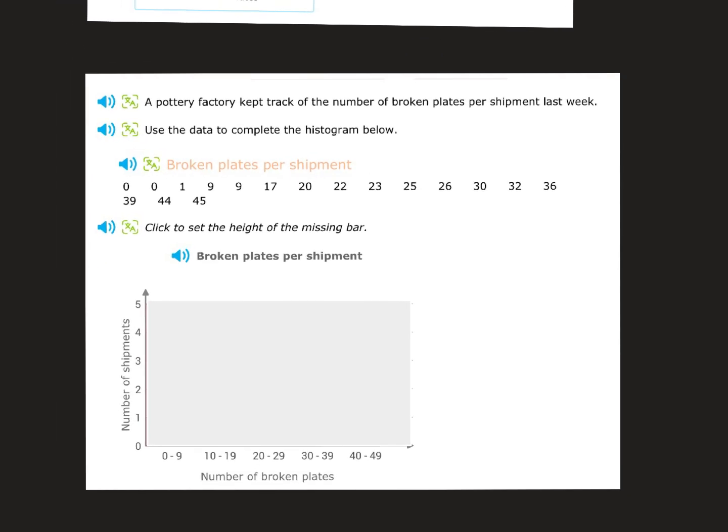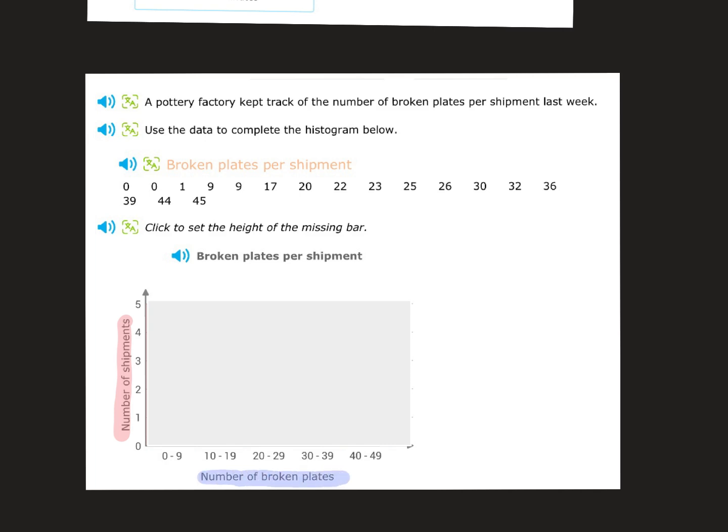Yay. Last question. A pottery factory kept track of the numbers of broken plates per shipment last week. Use the data to complete the histogram below. So we want to take into consideration our categories: number of shipments, and then the number of broken plates.